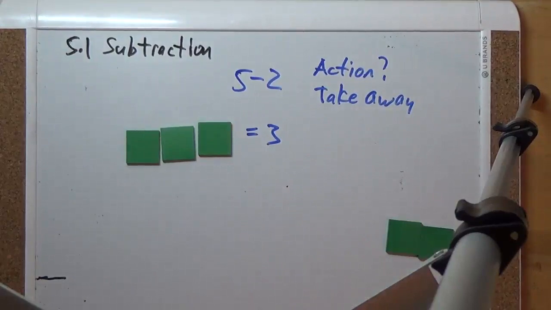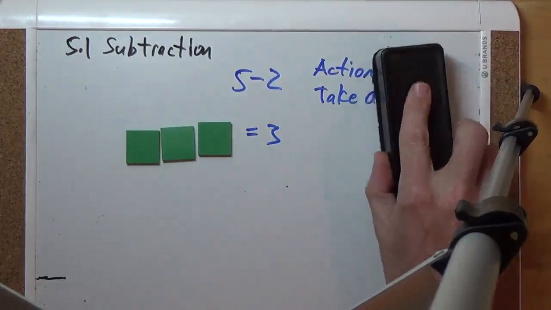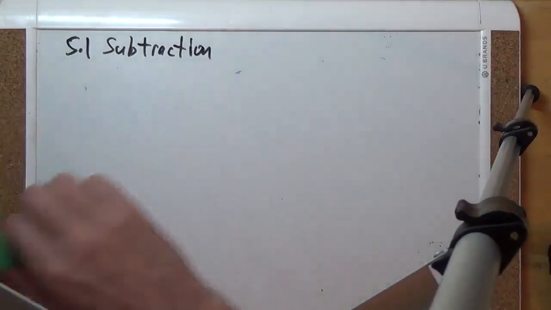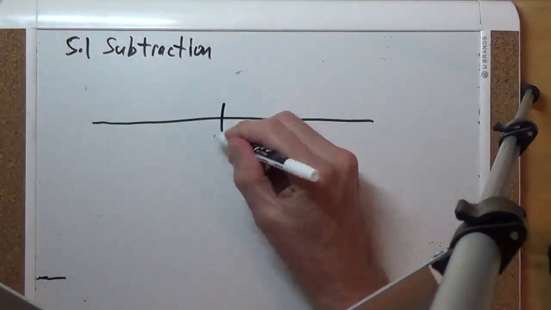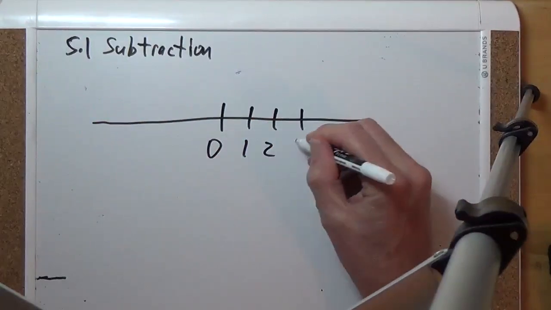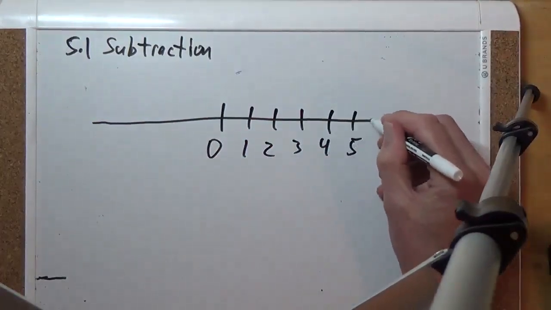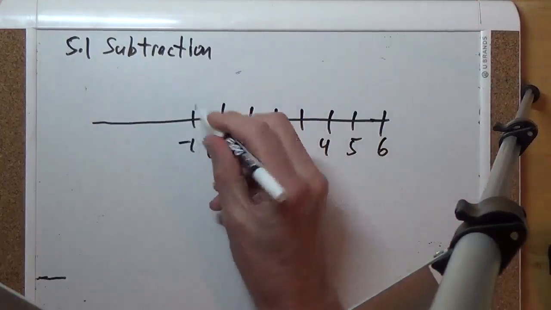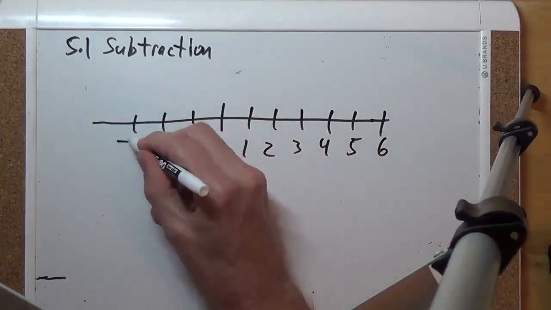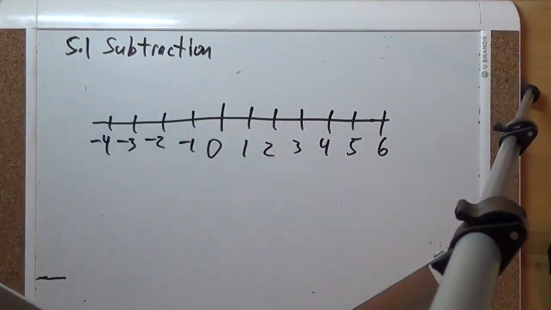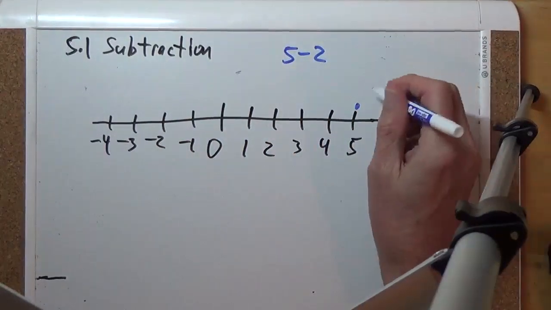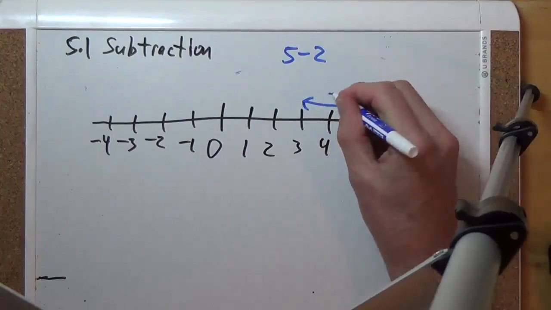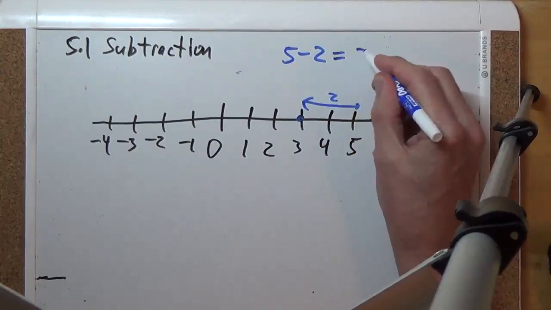Okay, then you learned to tie this to the number line. I need a board that's just a number line. And you learned that to do 5 subtract 2, you started at 5 and you moved 2 units to the left to get 3.